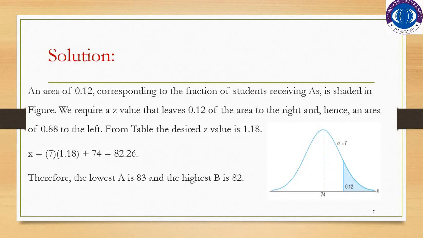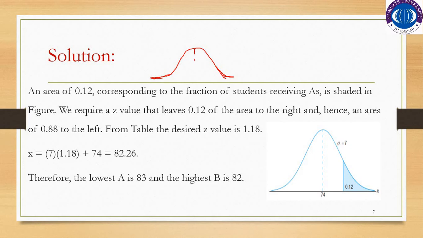Now an area of 0.12 corresponding to the fraction of students receiving A's is shaded in the figure. As you know the grades are following the normal distribution, so it should be like this. Not so good, but it's representing the bell curve.